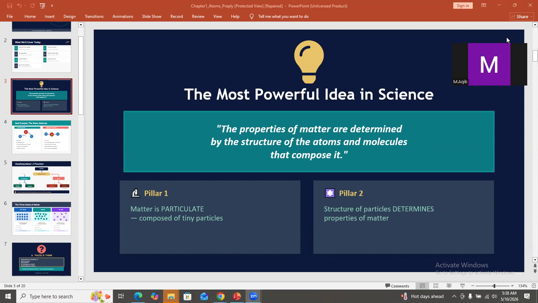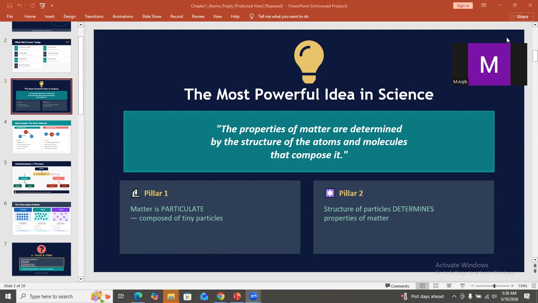So in matter, there is nothing but atoms, and atoms combine together in a certain way and they form molecules. And these molecules are stuck together with the help of intermolecular forces, and this is how any substance is formed.